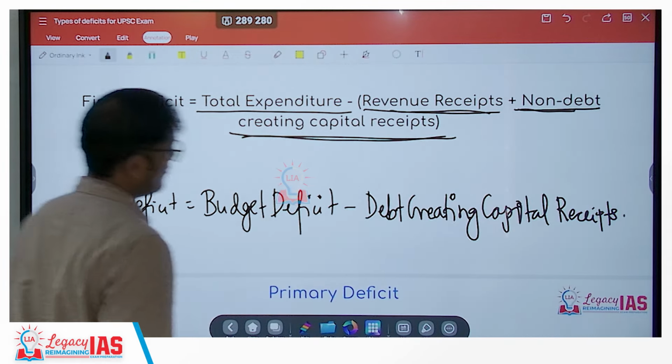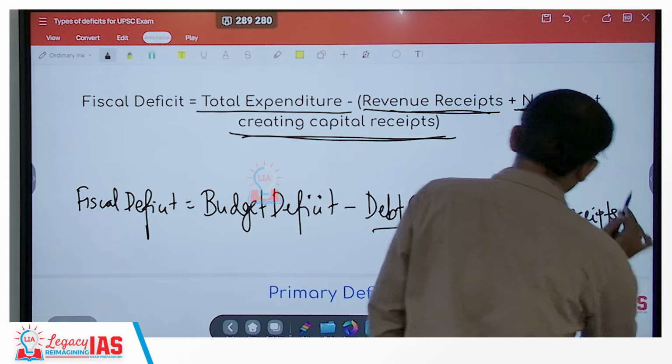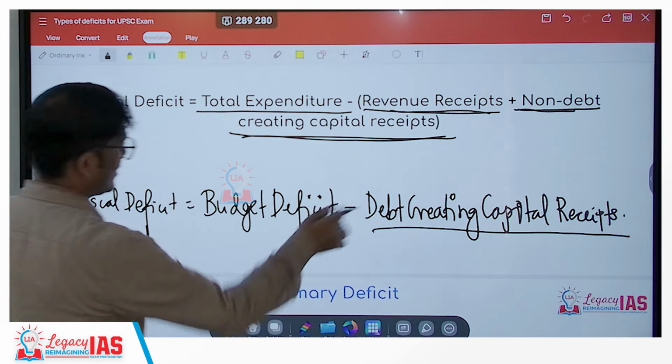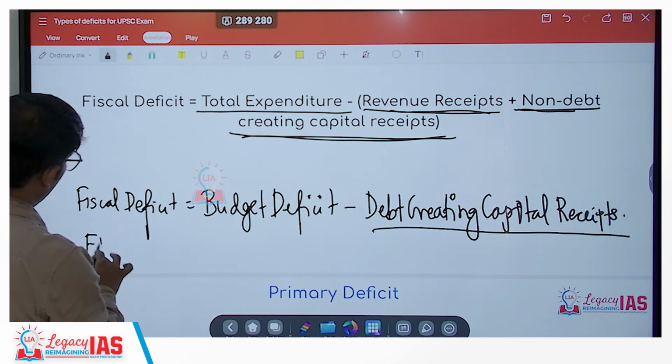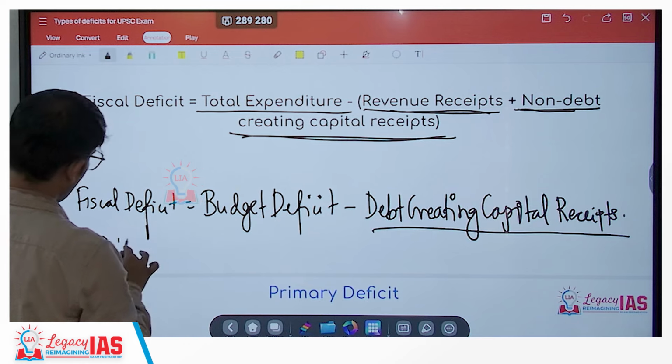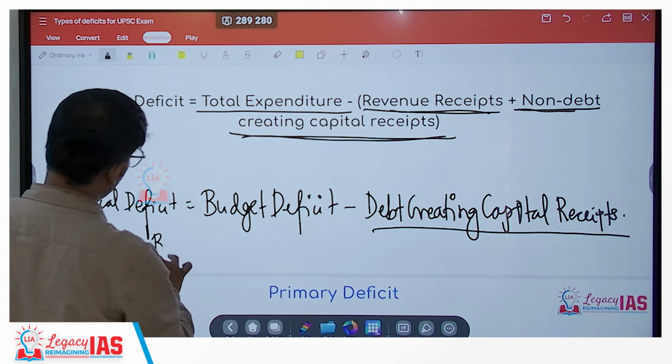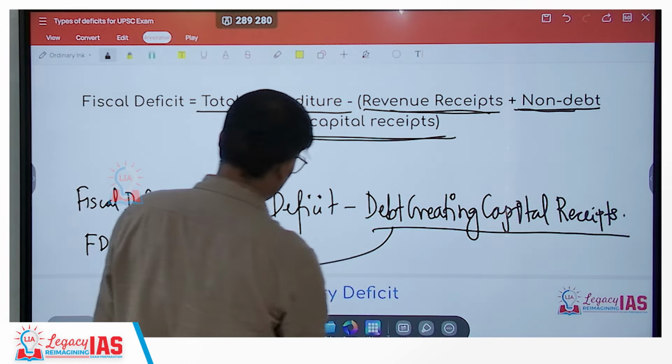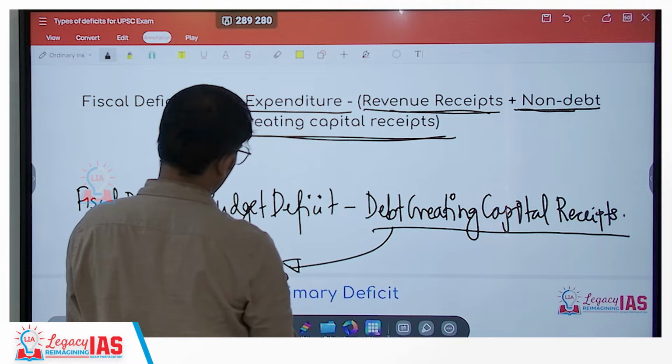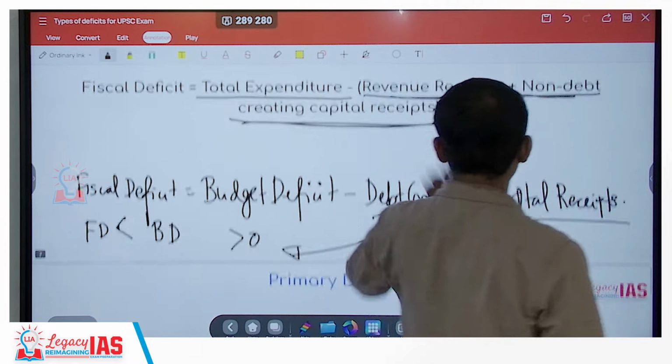And since there will be some or the other amount which is debt creating capital receipts, that is why fiscal deficit would generally be less than the budget deficit, provided this is greater than 0. Okay, I hope this is clear.